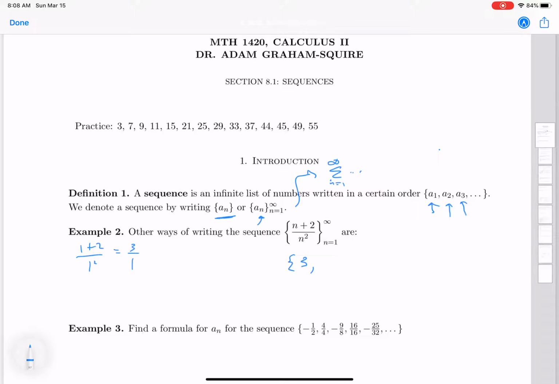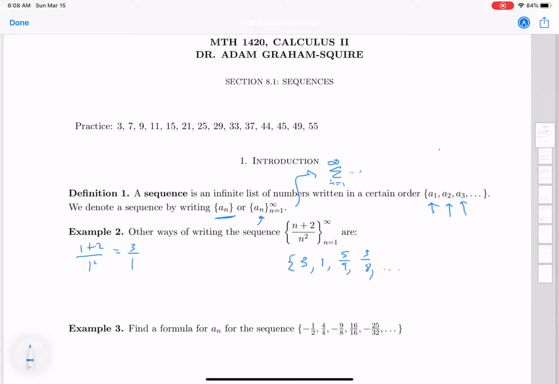And then you plug in 2, you get 2 plus 2 is 4 over 2 squared is 4, so that comes out to being 1. And then 3 plus 2 is 5, 5 over 9. And then 4 would be 6 over 16, which reduces down to 3/8, etc.